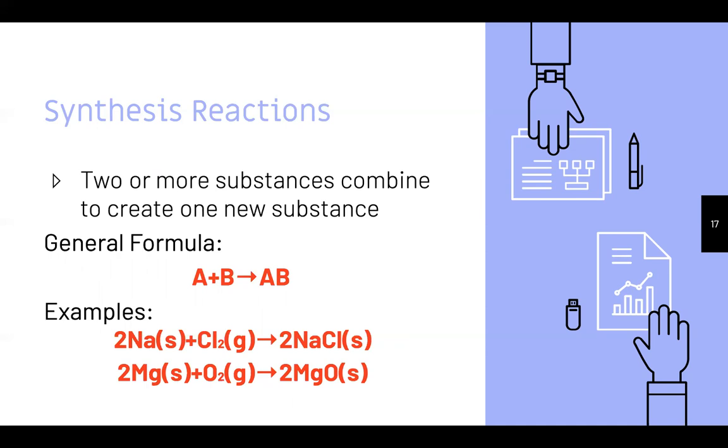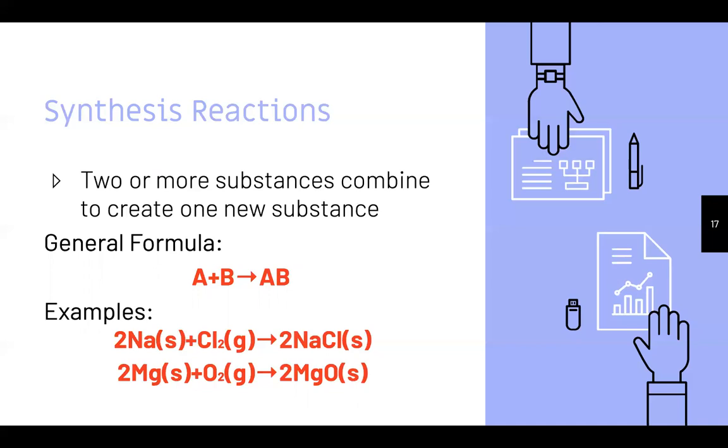We have Na, and in these parentheses, right? We have those states of matter I was showing you about. Don't have to worry about it right now. Sodium chloride, and magnesium, oxygen gas forming magnesium oxide.